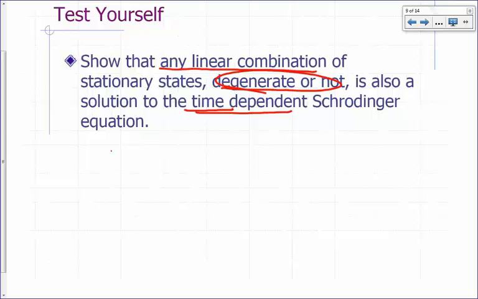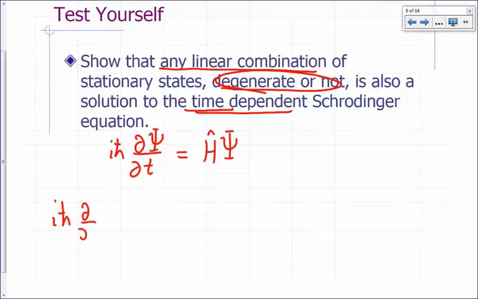So what was our time-dependent Schrodinger equation? i h bar, partial derivative of psi with respect to time, is equal to H hat psi. Right? This is provided your Hamiltonian doesn't depend on time. So let's do this. i h bar, derivative with respect to time. Let's just do a linear combination of two.